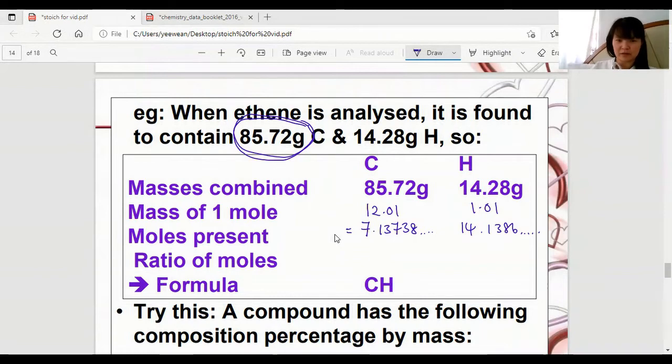So that's going to give me 1 here, and 14.1386 divided by 7.13, I'll get 1.98, which I can round off to 2. Now, if you get something like 1.6 or 1.7, don't round it off to 2. You need to multiply by a number that makes it a whole number. But I got something really close to 2, like 1.99 or 1.98. So I know that this is CH2.